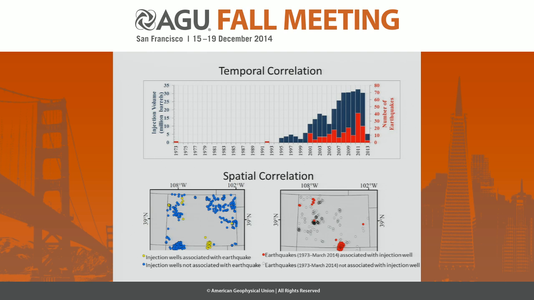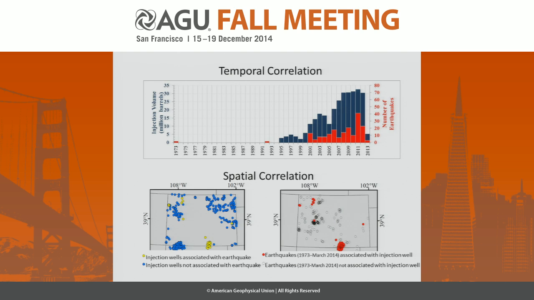That's based on a radius: we draw a 15 kilometer radius around the seismicity, and if a well is active within 15 kilometers of the earthquake, we call that an associated well.